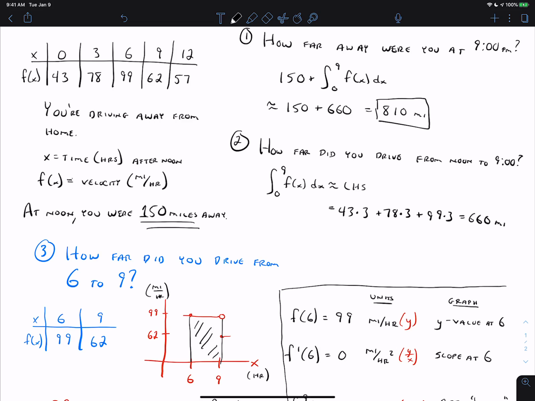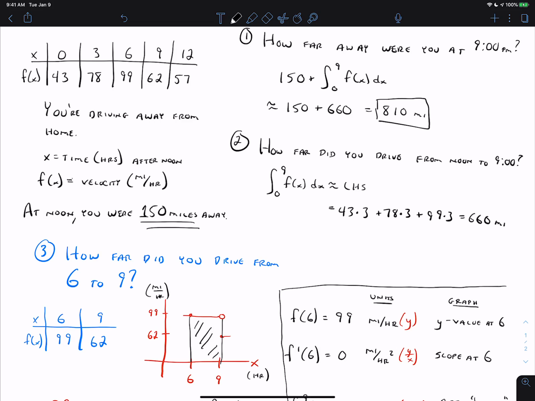In Calculus 1, you learned how to approximate things like this much more accurately, and given a formula, you found a way to do this exactly. You can use Riemann sums, which is what the left-hand sum and right-hand sum are called, and you can take the limit of the Riemann sum as the number of rectangles approaches infinity, or as the width delta x of the rectangles approaches 0, and get an exact answer.